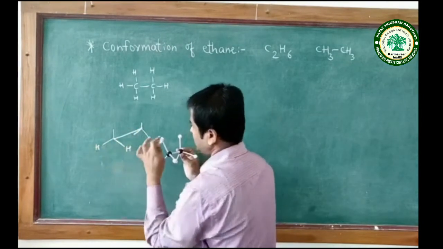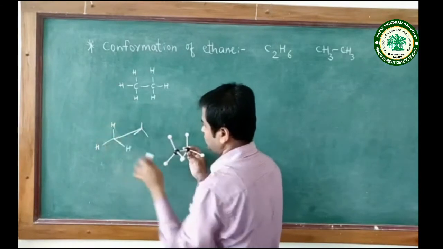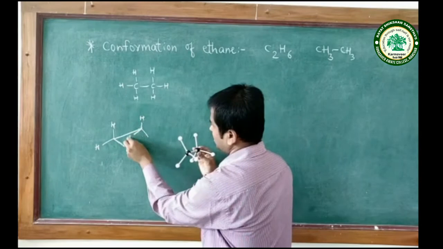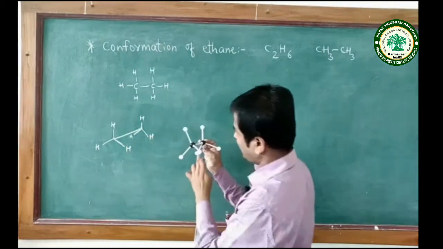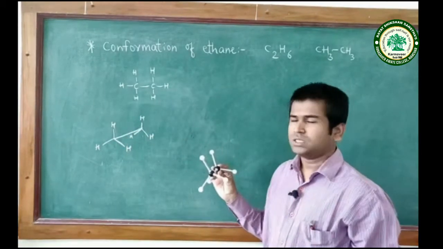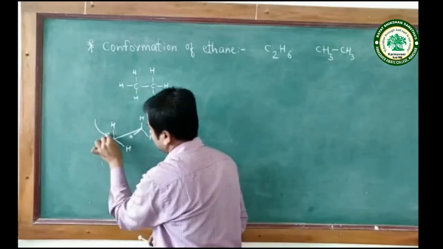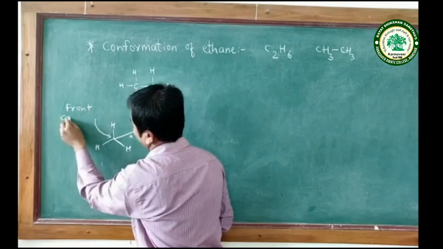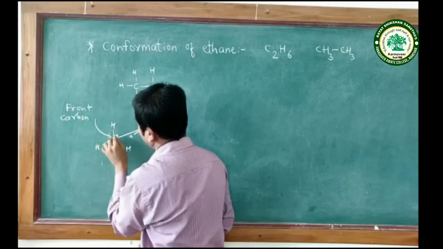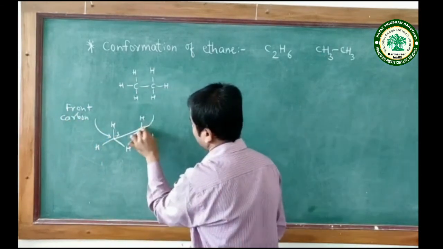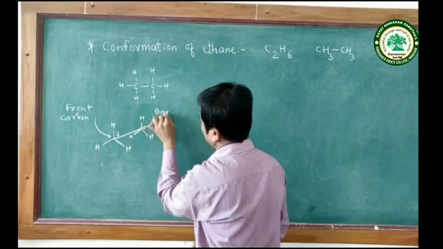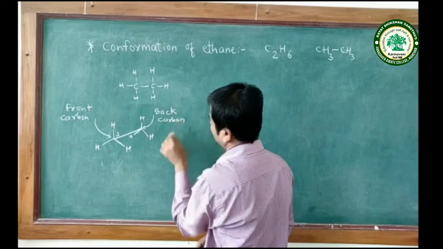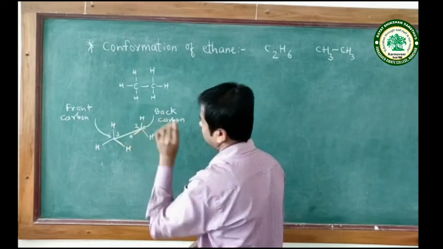So here are the hydrogens. There are three hydrogens on carbon number 1, and there are three hydrogens on carbon number 2, the back carbon. Getting this? So this carbon is the front carbon, we number it as carbon number 1, and this carbon is the back carbon, and we number it as carbon number 2.